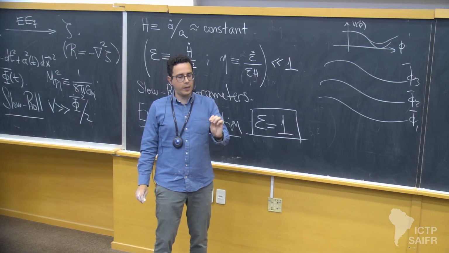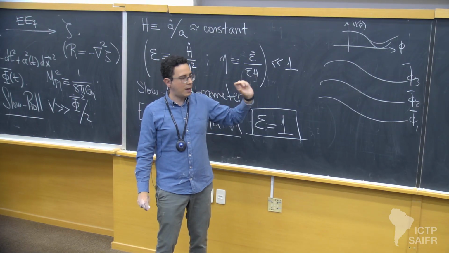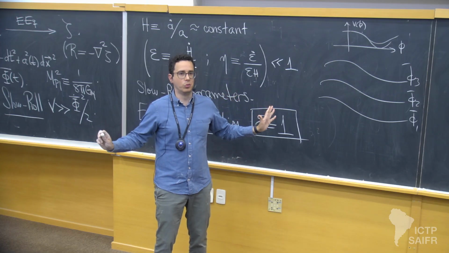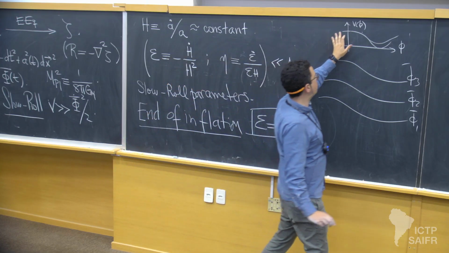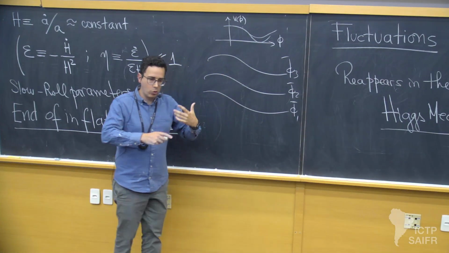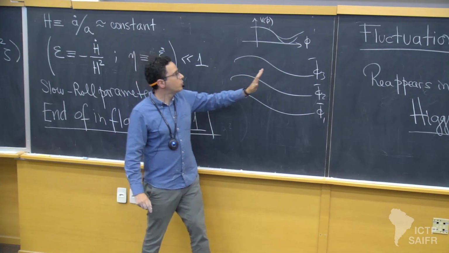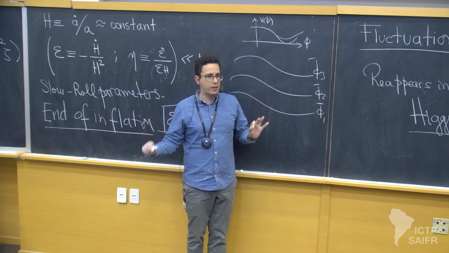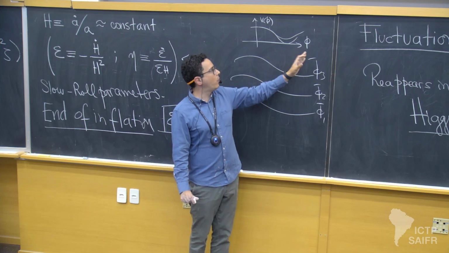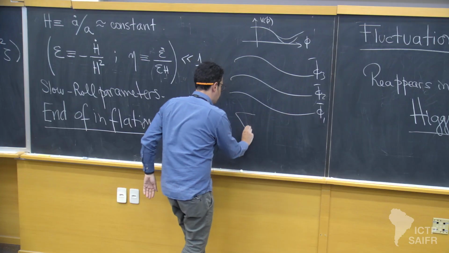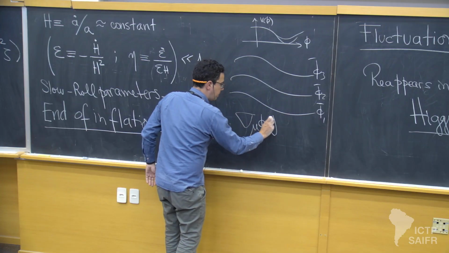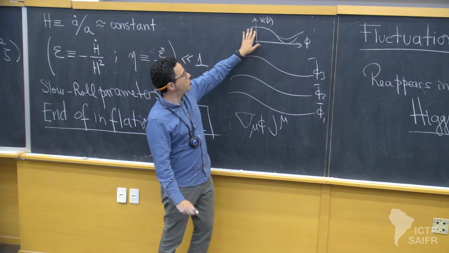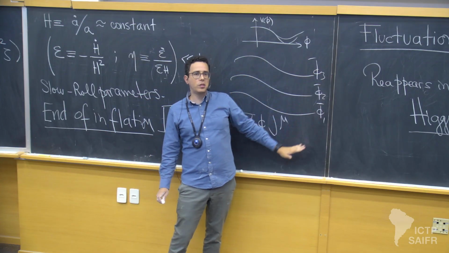If this phi is coupled to any field in a non-shift symmetric way, all hell breaks loose, okay? This potential is not trustable because then you get loop corrections to the potential and so on. So the working assumption is that this field phi enjoys a very high quality shift symmetry. Then you couple everything in a shift symmetric way. You couple d mu phi to j mu, your favorite standard model current. You can heat up the universe and this potential is untouched because of the shift symmetry.